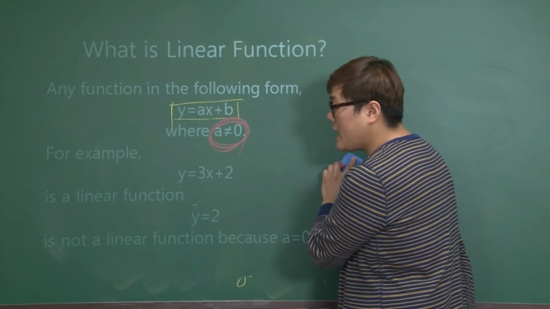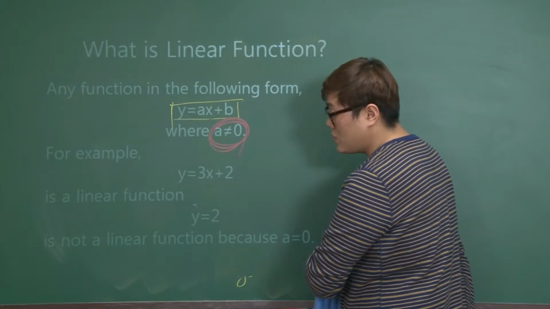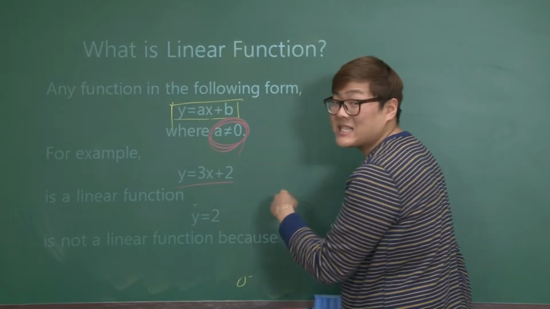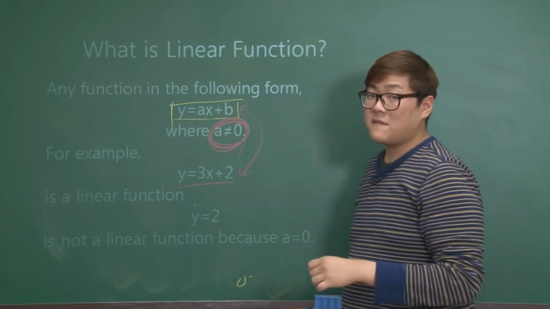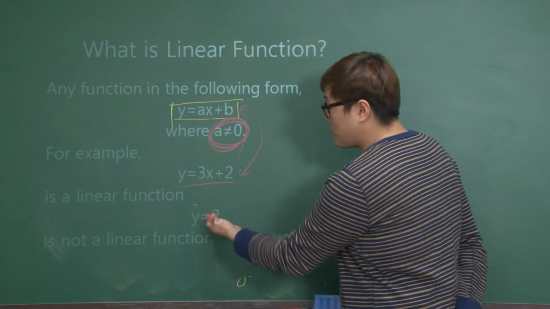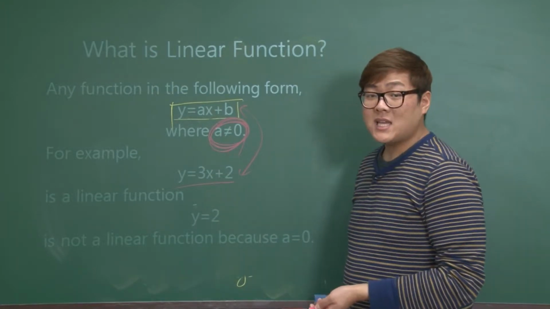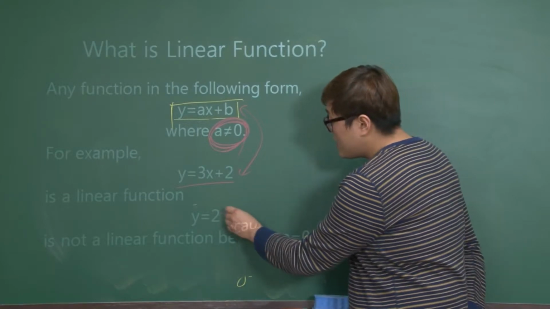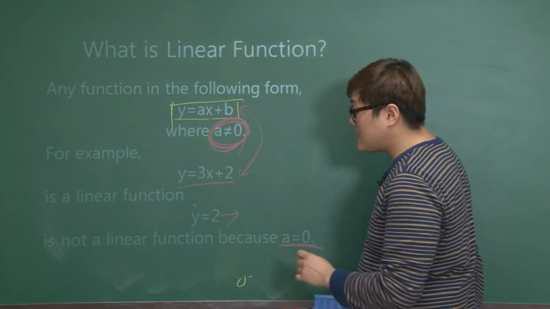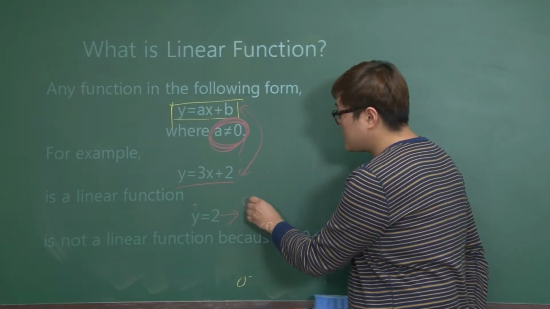For example, y equals 3x plus 2. Is this a linear function? Yes, it is, because it's in the same form. But what about y equals 2? This is not a linear function because a is 0. We categorize it differently. We call it a constant function.